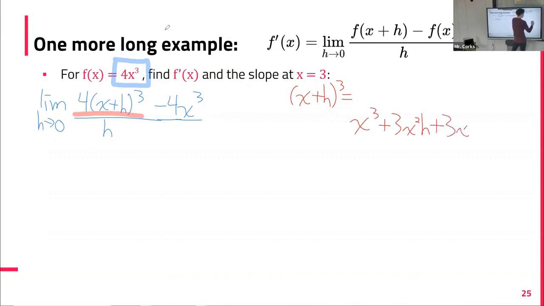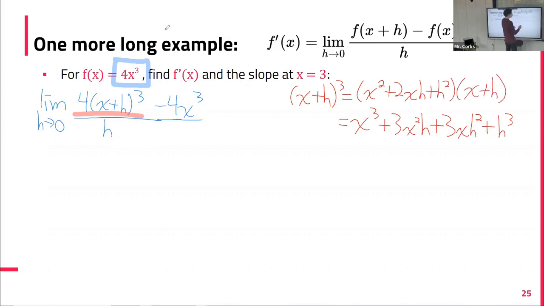X squared plus h cubed. All right, there we go. Okay. So there's a pattern we can notice to jump directly to this. So just for clarity, x squared plus 2xh plus h squared, and then times x plus h again.